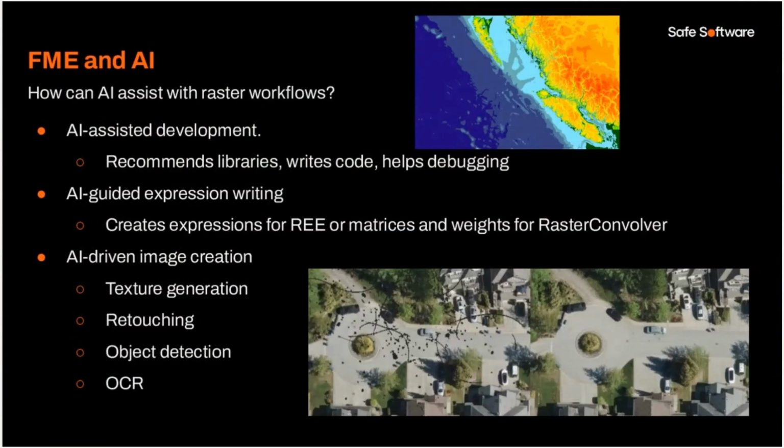It can also guide raster analysis by writing expressions for tools like the Raster Expression Evaluator or creating filters for the Raster Convolver. And beyond analysis, AI models can actually generate or modify imagery, creating textures, retouching satellite scenes, detecting objects, writing OCR, or even producing fun artistic outputs. These capabilities expand what's possible in FME, especially when paired with web APIs and image models.